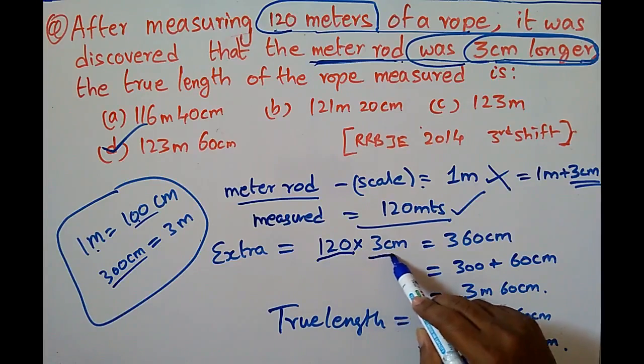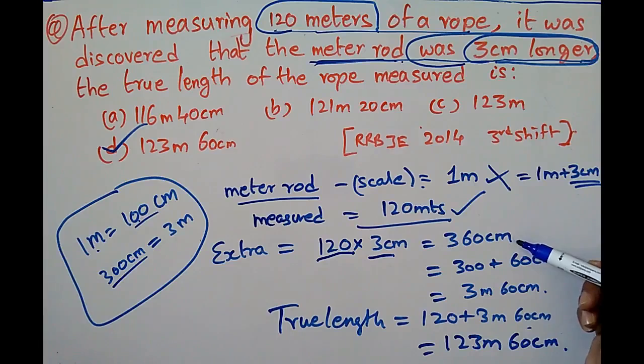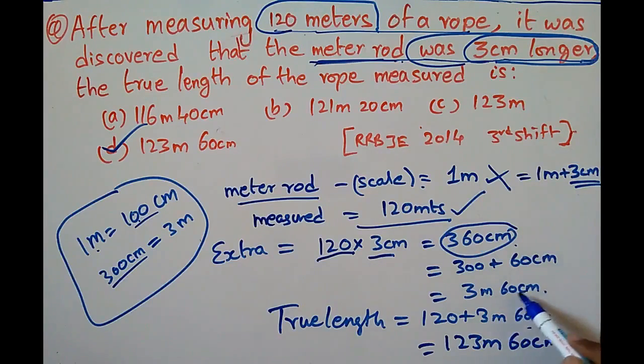By 120 times we have to multiply the extra 3 centimeters. So it will become 360 centimeters. 360 centimeters is nothing but 3 meters 60 centimeters that you have to add with the original 120 meters that they have already measured, which comes to 123 meters 60 centimeters.